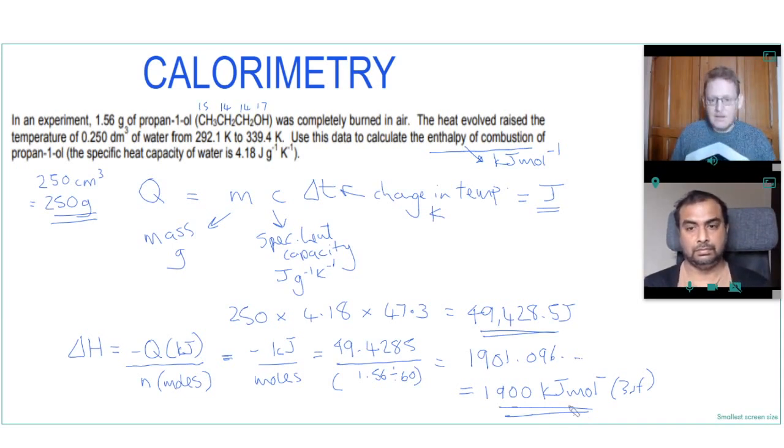And that's the enthalpy of combustion of propanol.